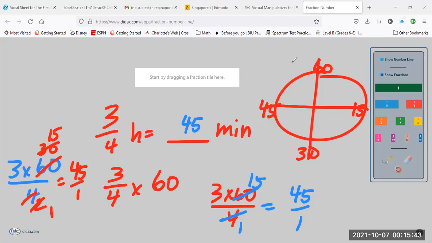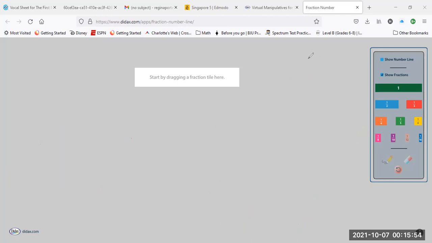Let me show a conversion that might take a little more practice. What if I want to say 2 and 3/4 feet, this is a mixed number, is how many inches?